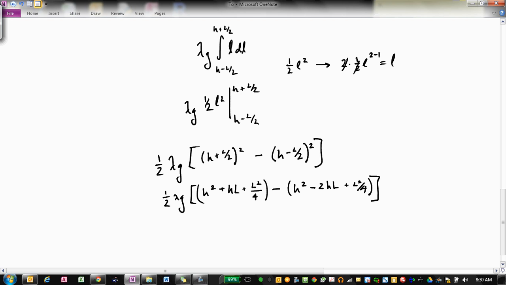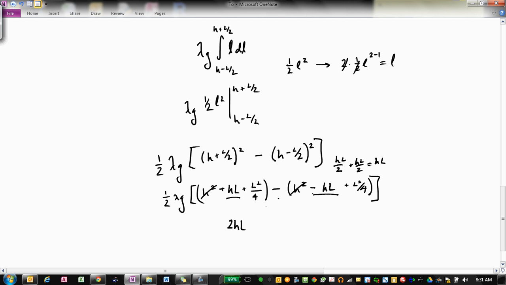Clean this up on the inside, h squared minus h squared. Oh, I'm sorry, this shouldn't be 2. This is h times L over 2 plus h times L over 2, so that's just h times L. This is plus, and then this is going to be plus, because it's minus. Distribute that, so we're going to have 2hL.